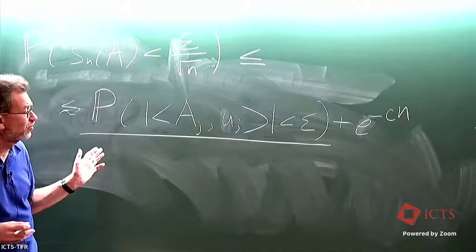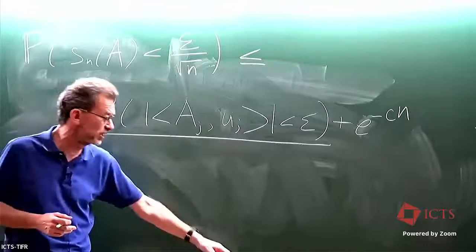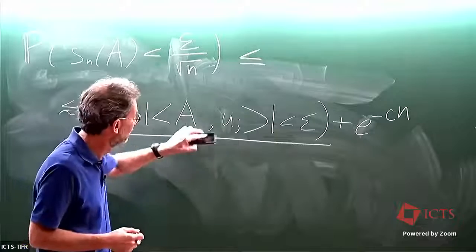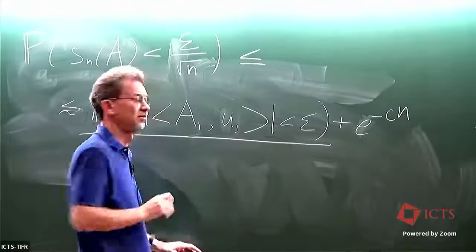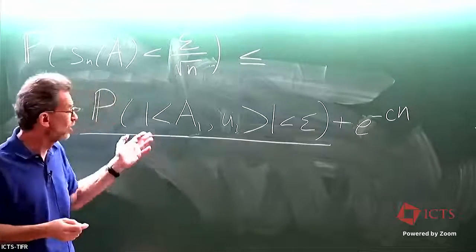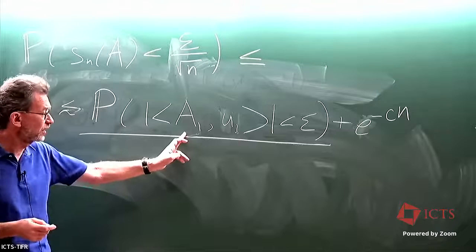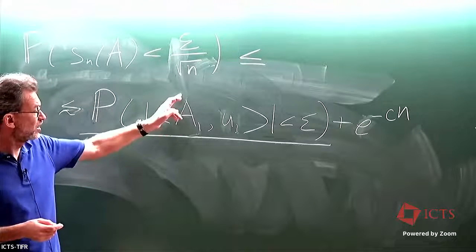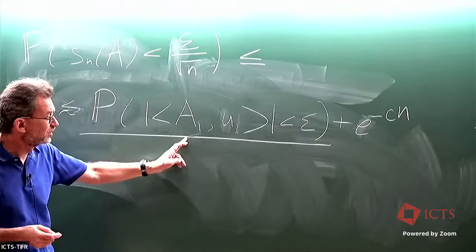We said for a random j, but for a fixed j, it doesn't depend on j. I can write 1 here. So what do we have now? This is a random vector with IID coordinates.